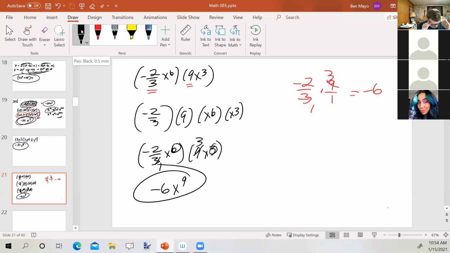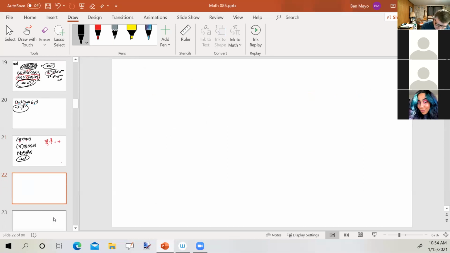All right. Next problem. Now, let's say I've got a times a plus 2. So I'm going to distribute the a outside, and I'm going to have a times a, which is a squared, plus a times 2, which is 2a. I can't put a squared and 2a together, even though they contain the same variable.